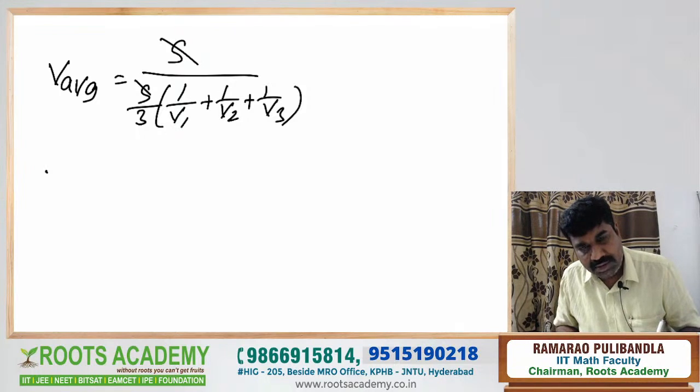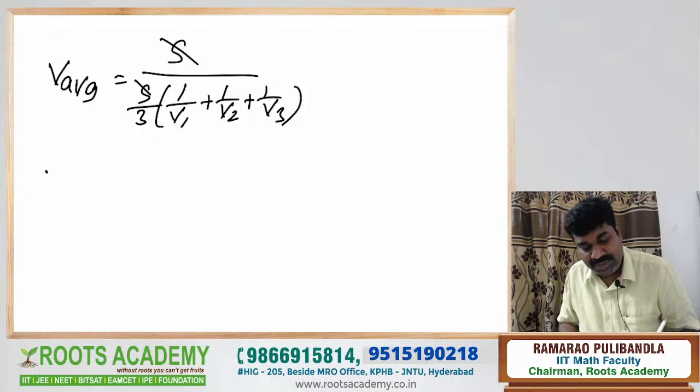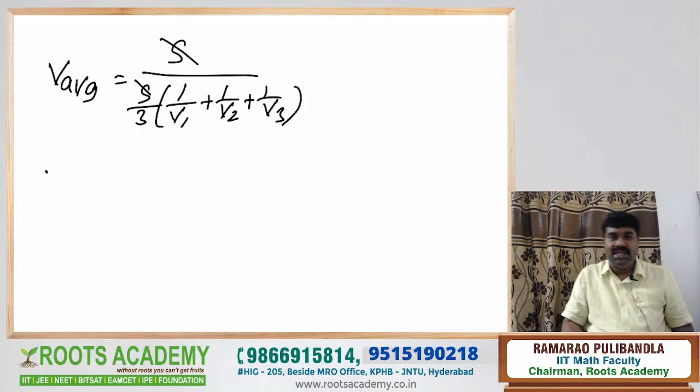The LCM of V1, V2, V3 gives V2 V3 plus V1 V3 plus V1 V2. Therefore V average is 3 V1 V2 V3 by V1 V2 plus V2 V3 plus V3 V1. This is the formula for the average velocity in three intervals.